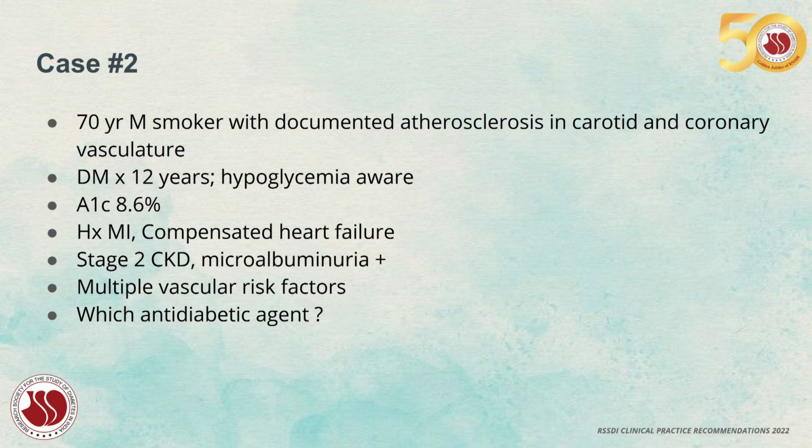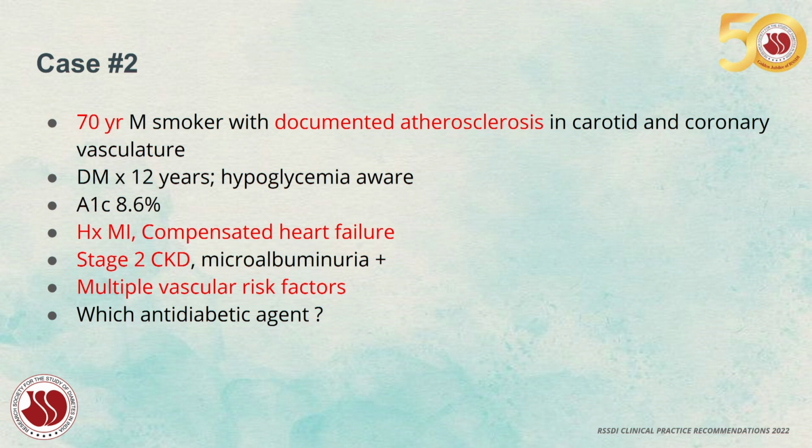Now what agent we should think of? So again, look at the major consideration. Age is one of the considerations. Presence of established atherosclerotic cardiovascular disease is another consideration. Presence of CKD is another consideration, and multiple risk factors.